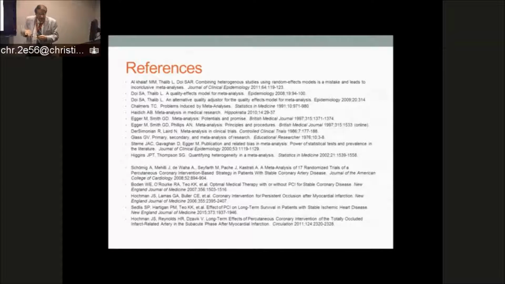If you find a meta-analysis paper, they'll probably have all these references and more. The last set here are the studies that looked at the COURAGE study and the OAT trial.